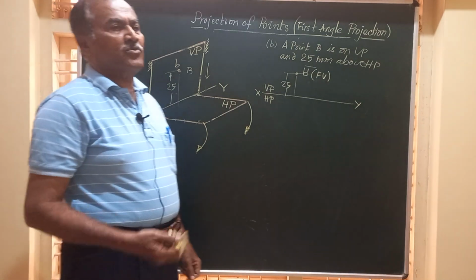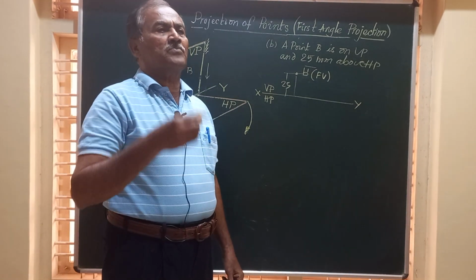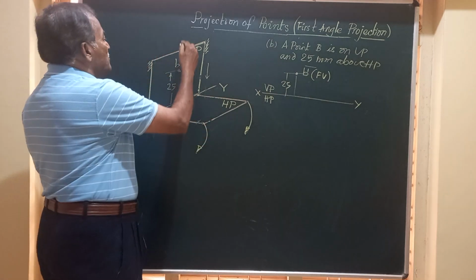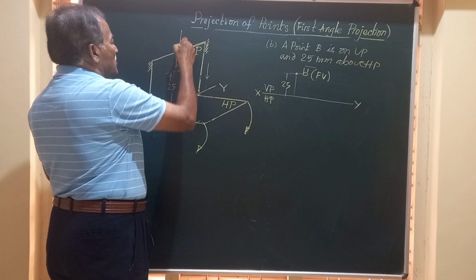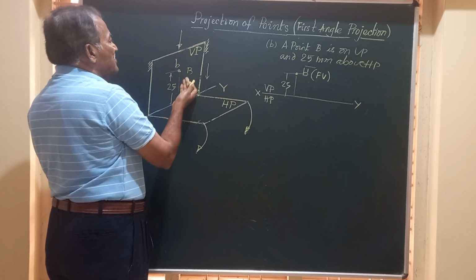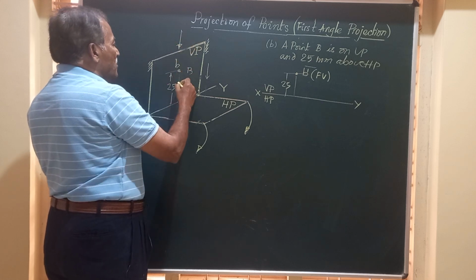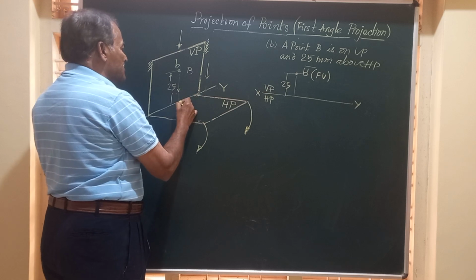Friends, after obtaining the front view, we have to obtain the top view. When you look at this point from the top, whatever may be the location of the point anywhere on VP, the shadow of this falls on the XY.